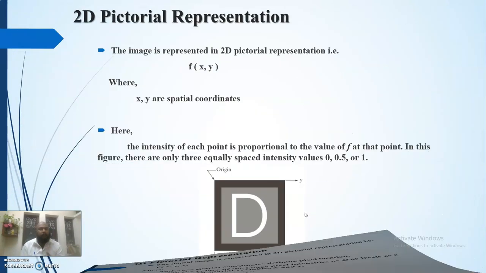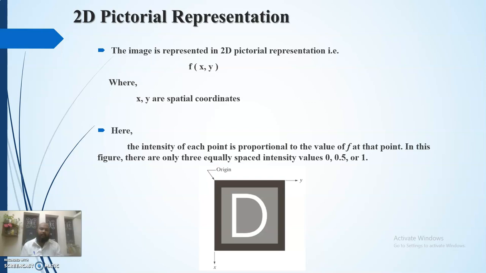Next we can see 2D pictorial representation. Here the image is represented as a function of x comma y, only two dimensions. That's why we are referring to spatial coordinates.